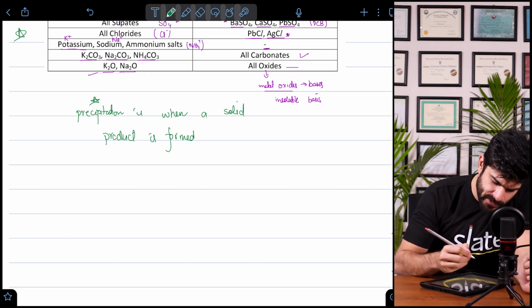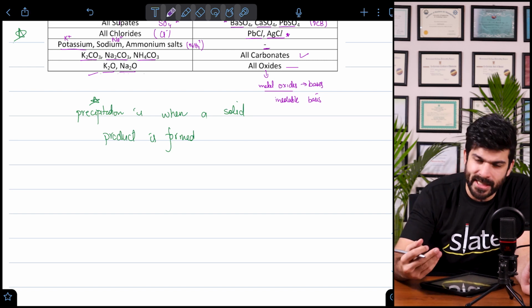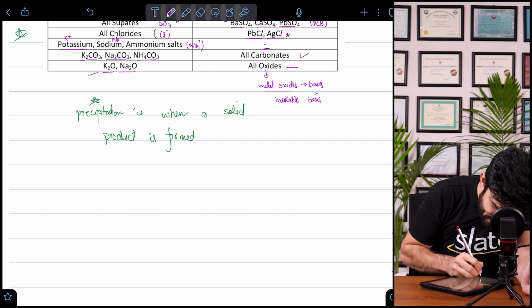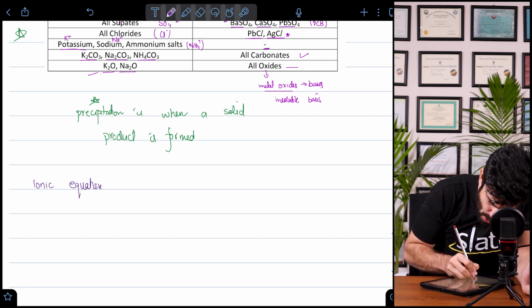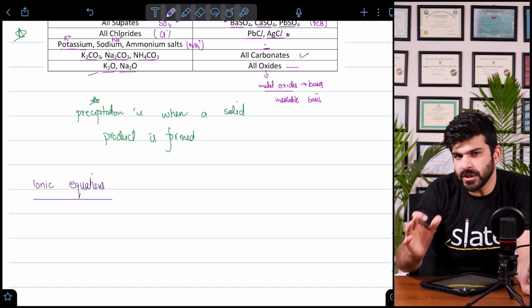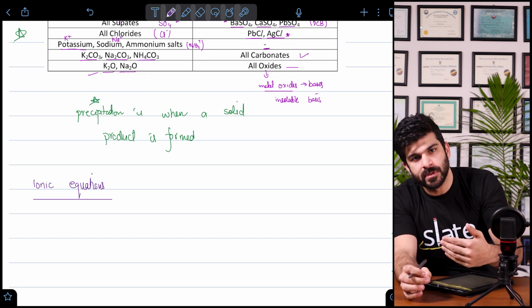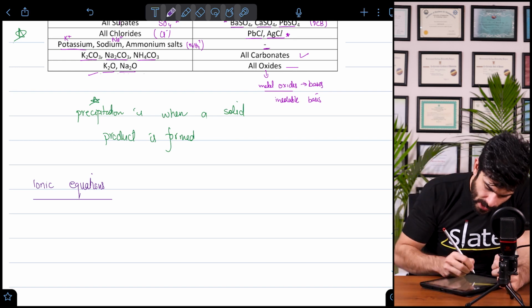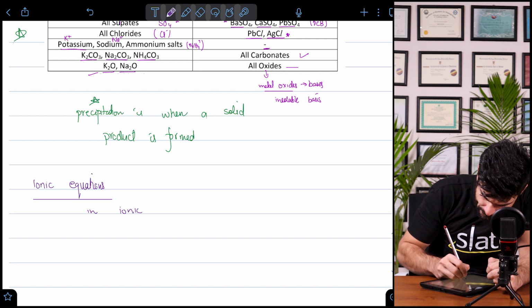Now, ionic equations. Students, do not get afraid. We will just do 2 or 3 examples to make it easy for you. In ionic equations, we just talk about the ions which are undergoing a specific change. In ionic equations, there are rules.